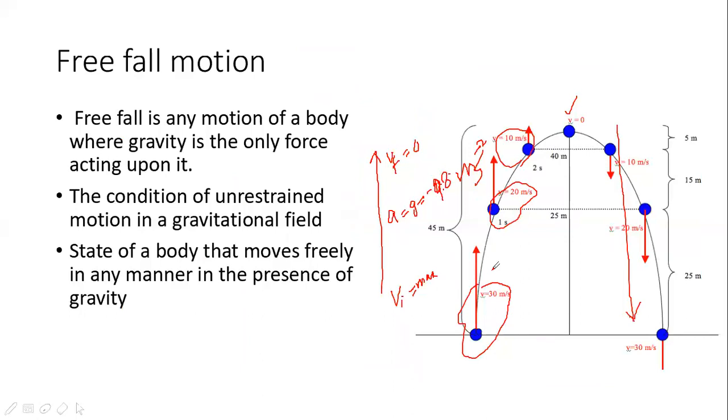Free fall motion is the motion under gravity. The motion which is under the effect of only one force, and that is gravitational force. Such type of motion is called free fall motion, and the object is called free falling object. And gravity is the phenomenon of attracting a body.